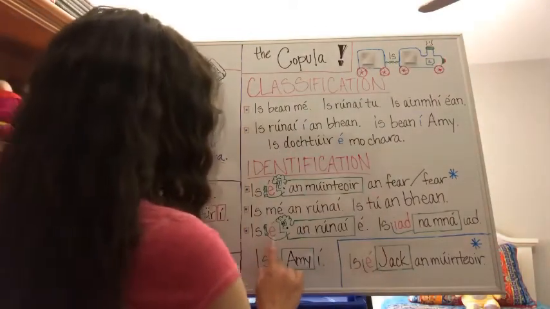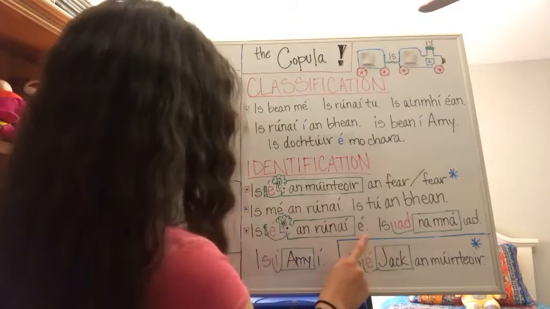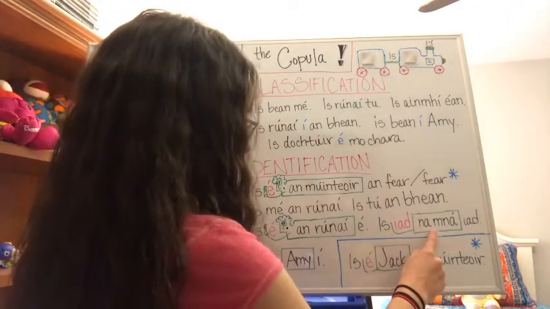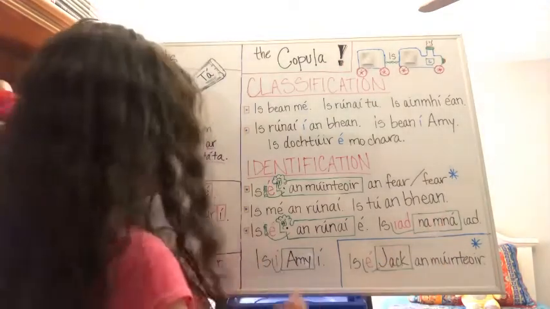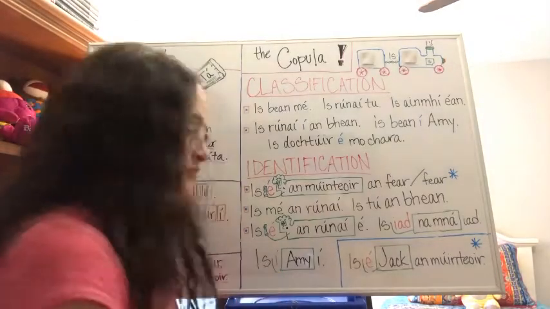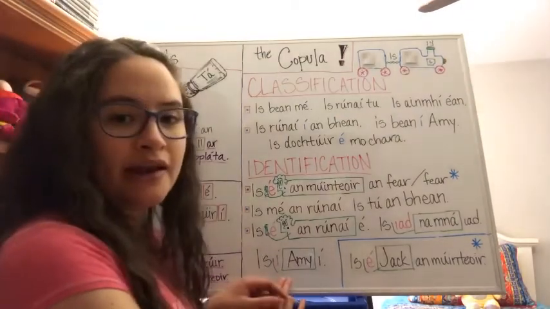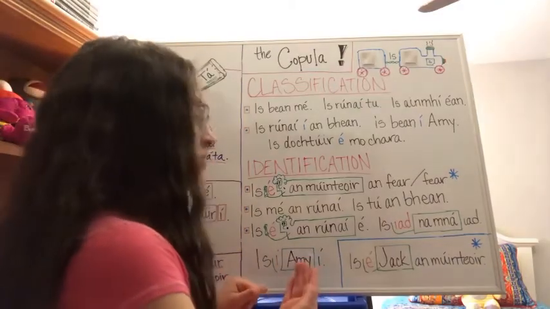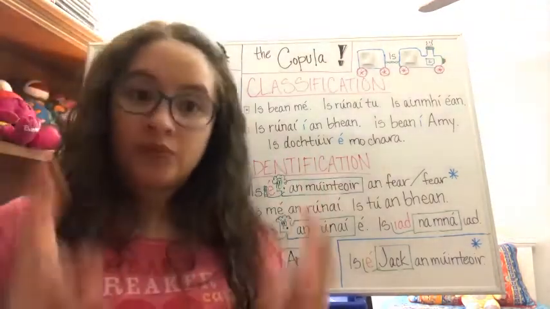So, is een roenie a? He is the secretary. Is id numra id? They are the women. Is Amy e? She is Amy.